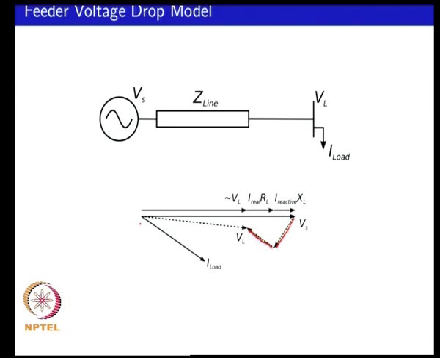We can actually simplify this further, because we will assume that the drop is quite small. So, we could take the load current to consist of the in-phase component, the real term I real, and a reactive term.